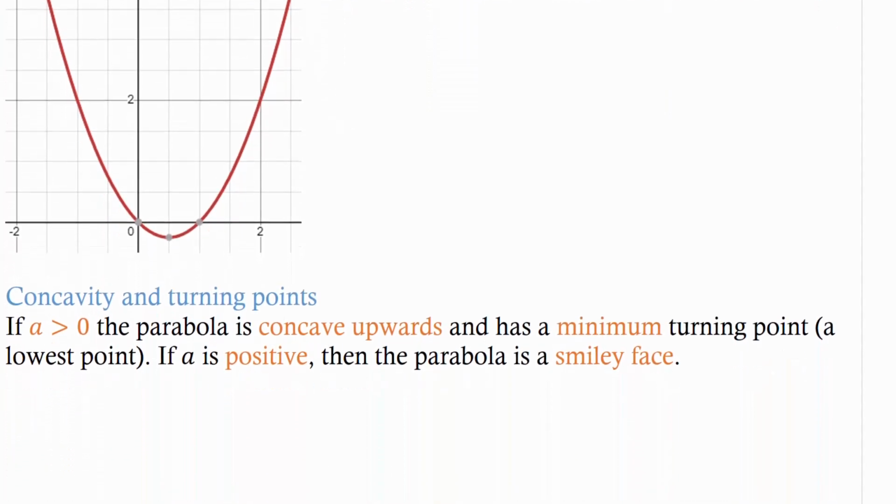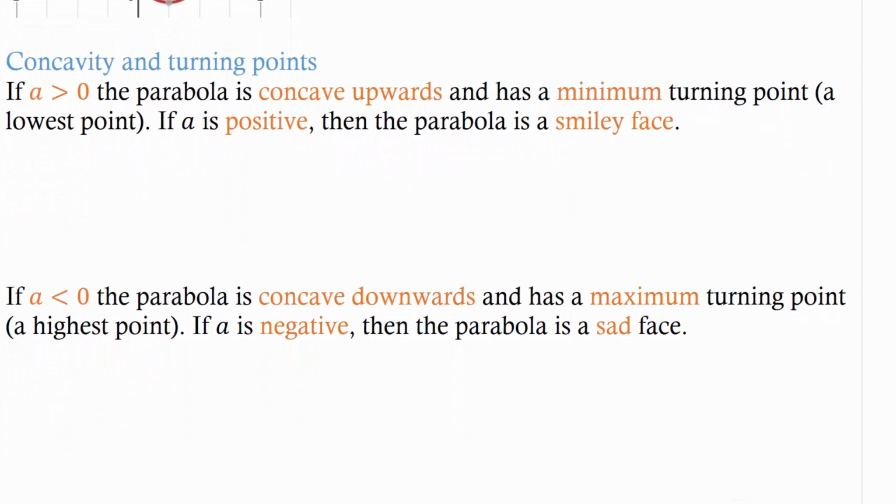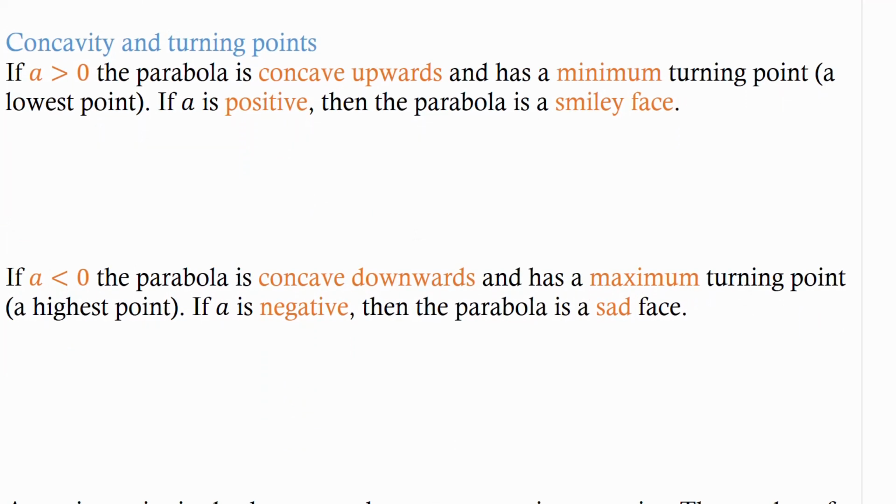Now, when we talk about concavity, we're talking about whether generally it is an increasing or decreasing curve. So if a is greater than 0 or positive, what we call that is concave upwards. It's going up, and it has what we call a minimum turning point. So if we draw something like this, it'll look like this, and this point down here is what we call our minimum turning point.